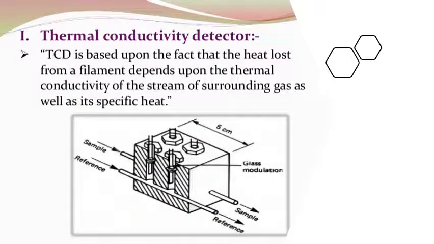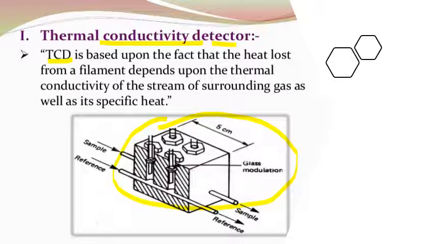Now we talk about various types of the detectors used in the gas chromatograph. The first detector is TCD, that is thermal conductivity detector. It is also called the hot wire detector and catharometer. It is made up of tungsten alloy wire.